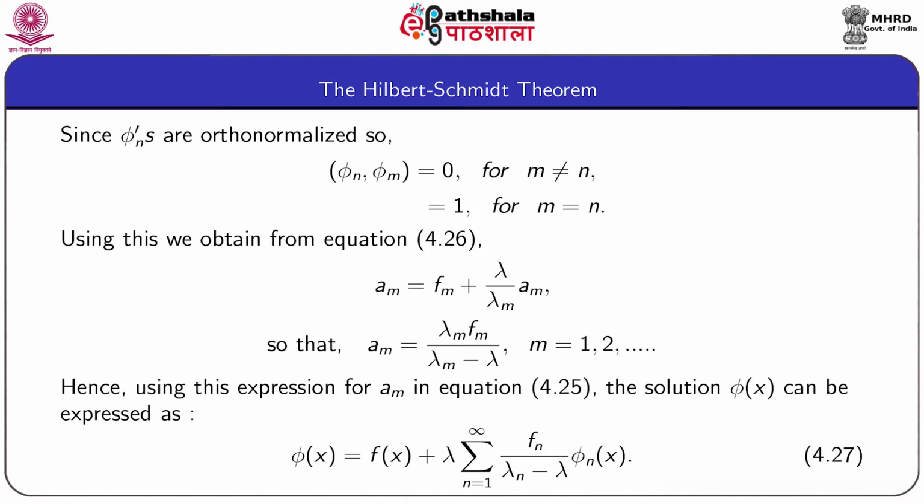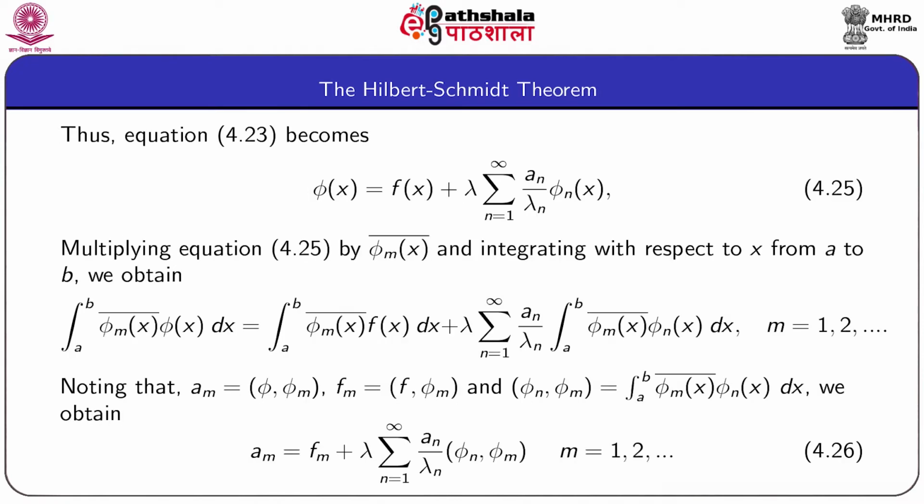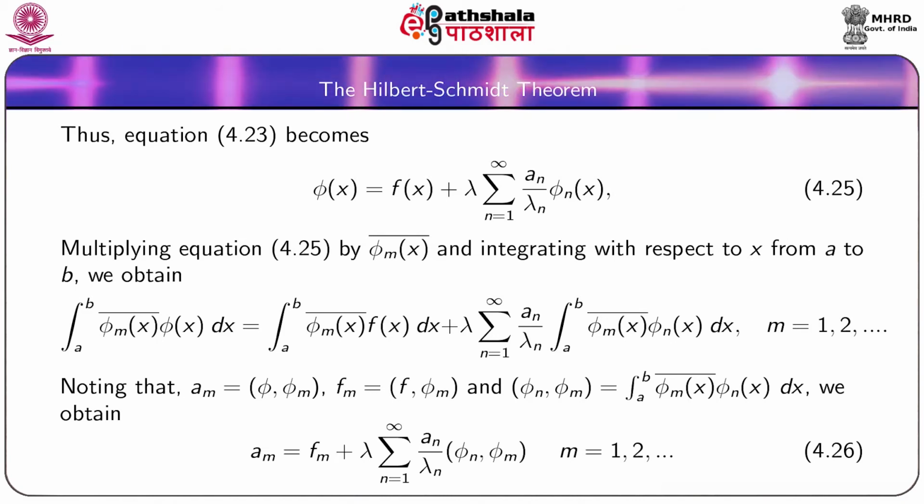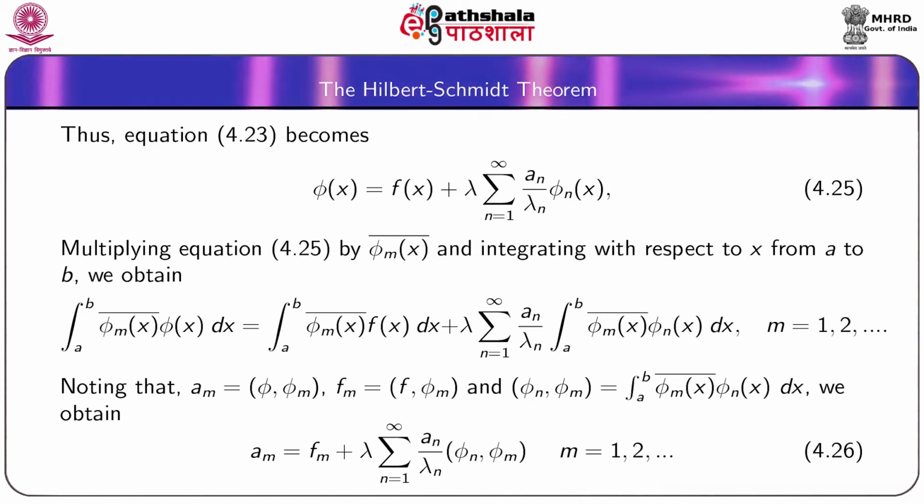So in the expression given by equation 4.26, in the summation on the right hand side, when m is equal to n, the inner product of phi n and phi m becomes equal to 1, and otherwise it is equal to 0.